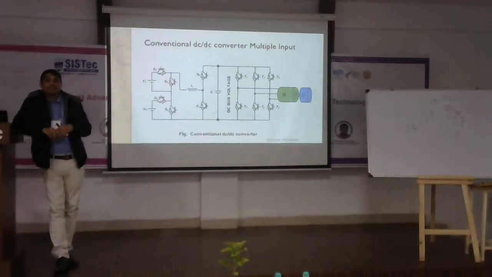Nowadays, for lighting, we are using LED lights. LED is again a semiconductor device, and that will create a spike through the supply and deteriorate the supply.